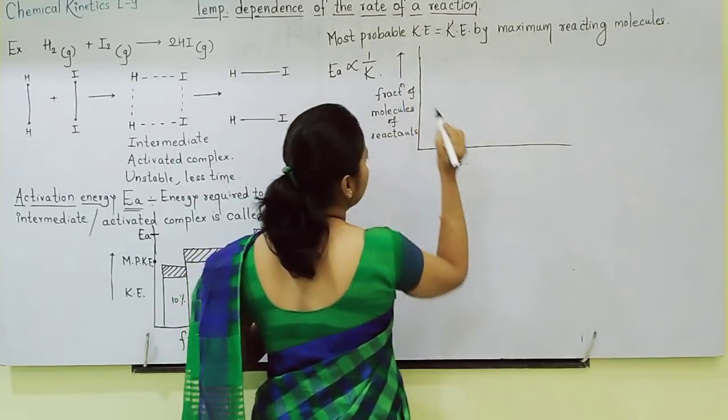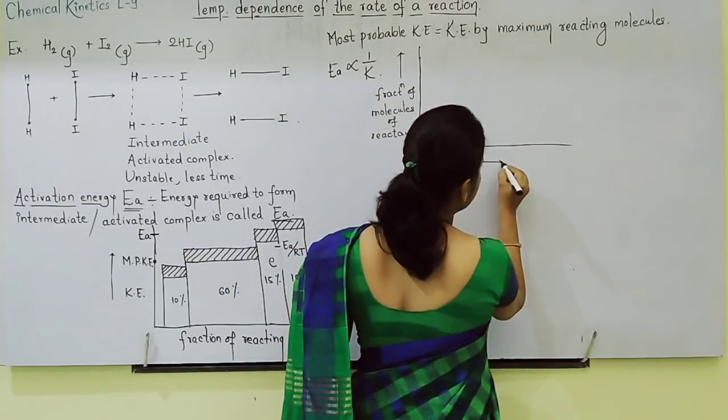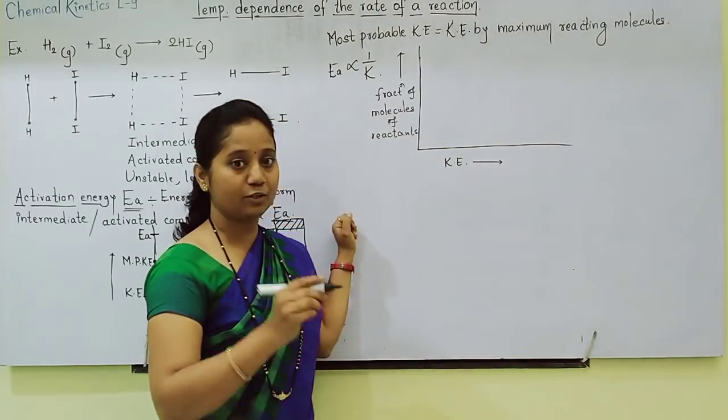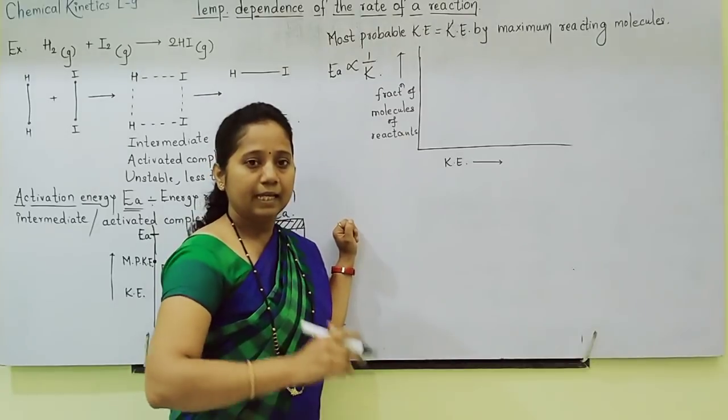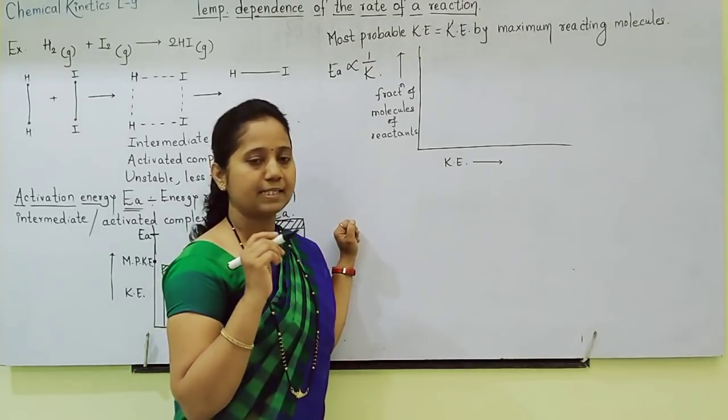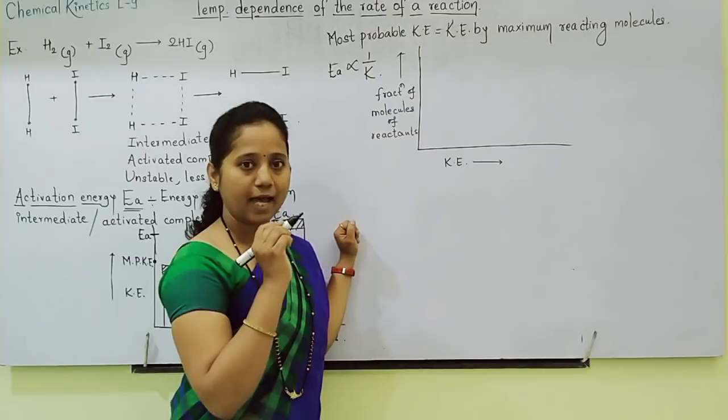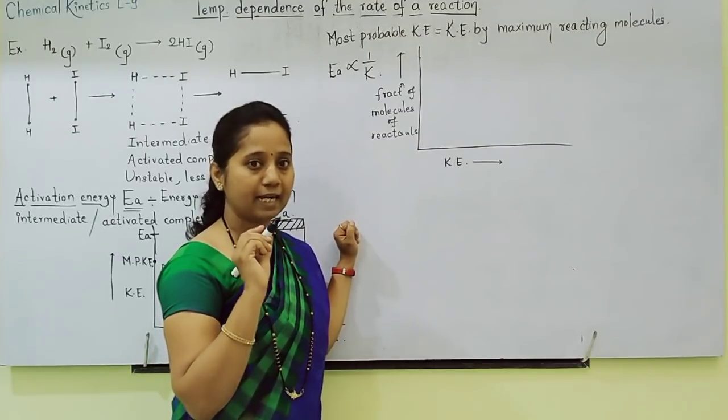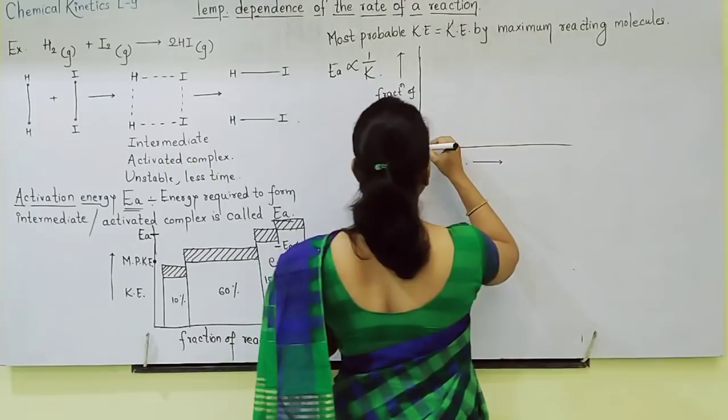Fraction of molecules goes on increasing and kinetic energy also goes on increasing. Try to understand this graph. Imagine that the reaction is taking place at a temperature T. I am plotting the first curve at a temperature T.